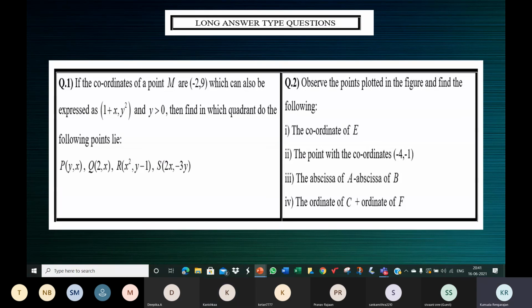Okay, I somehow feel we just saw the question and had to wind up with the class. Let's just see it again. So how do we do this? 1 plus x is equal to 2.